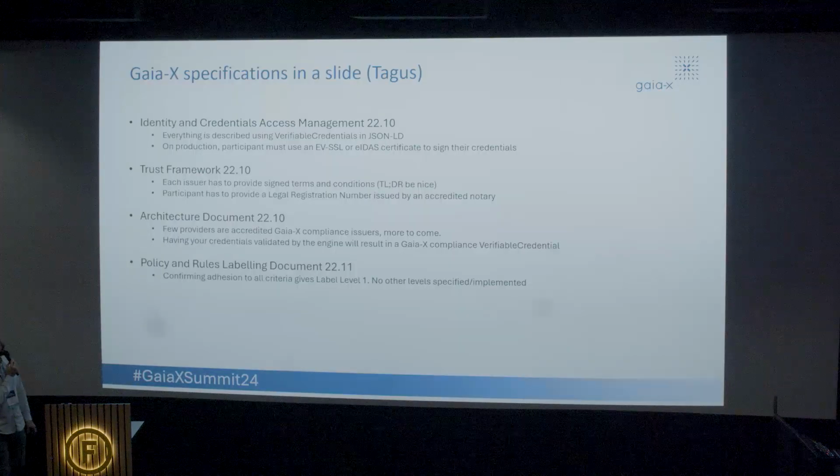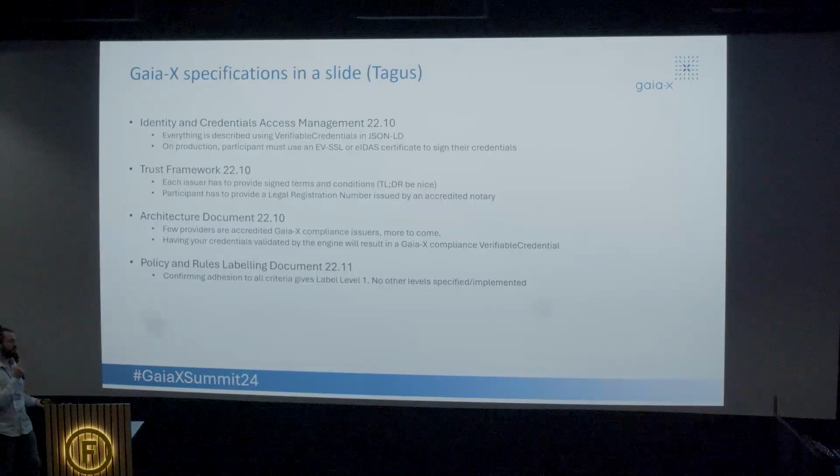The Trust Framework 2210 was saying that we have this rule that each issuer should have signed the terms and conditions. Every participant has to provide a legal registration number issued by an accredited notary. The architecture document was saying that we have a few accredited Gaia-X providers that are the only ones you can trust to give you compliance.